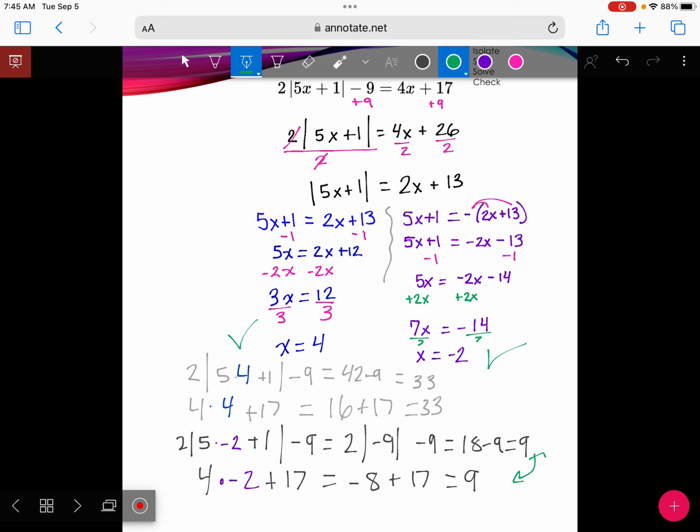Really, really long. Questions on this first one, or this first really long one?